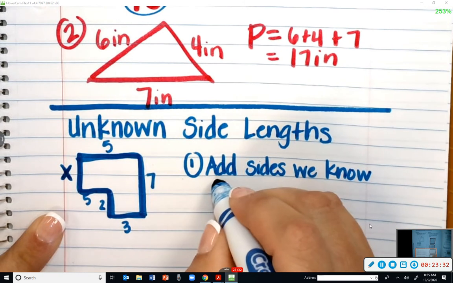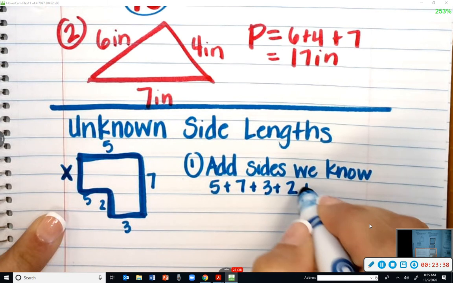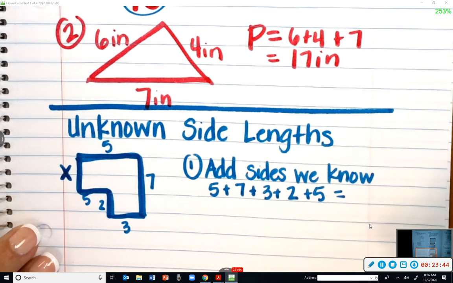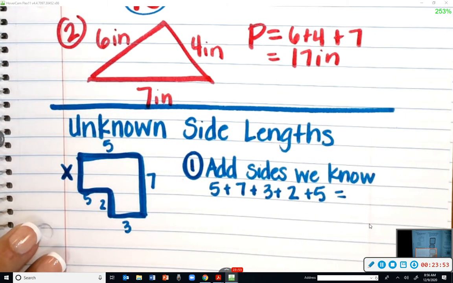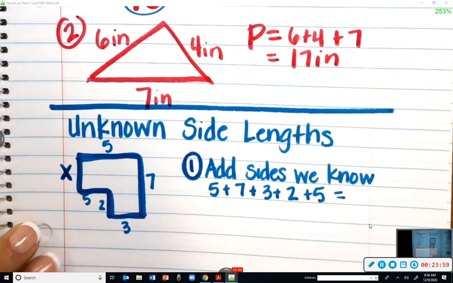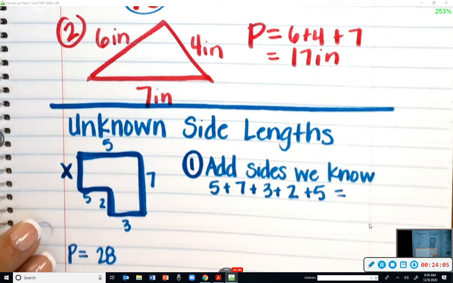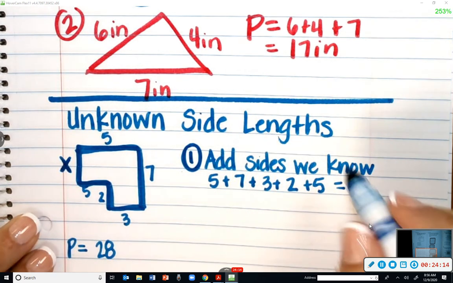So we would add 5, 7, 3, 2, 5. If we add the sides we know, I get 22.